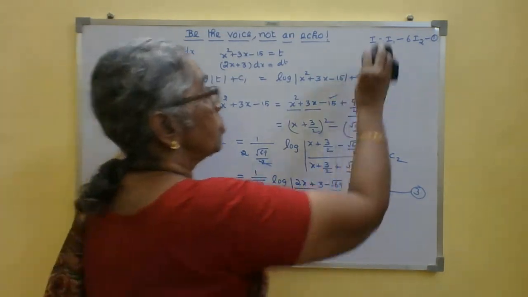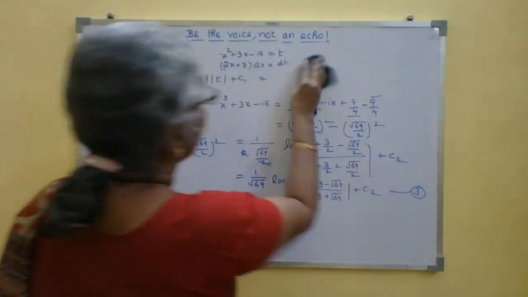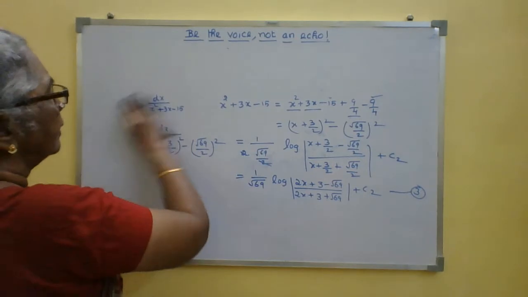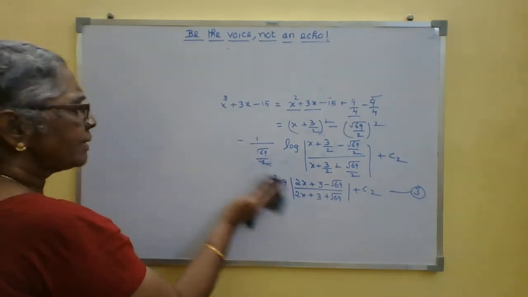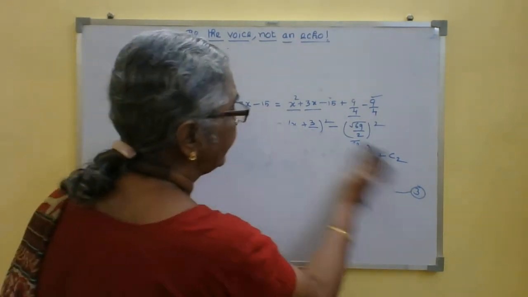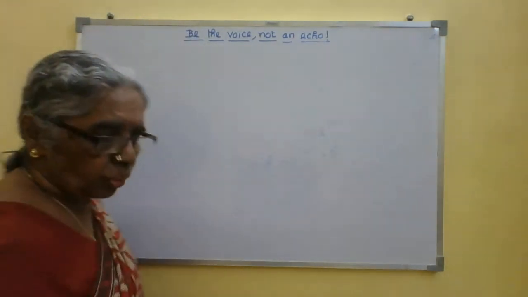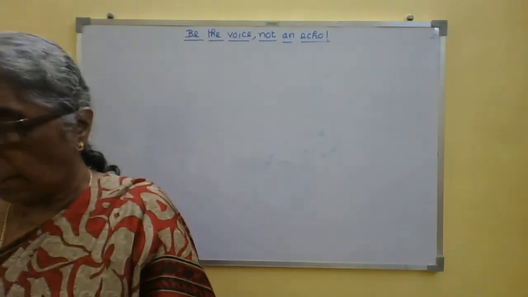Remember that. So now let me give you one more example where the denominator is a root quadratic. Let us see what is the difference between this and that, and I will give you the hints for that. So now let me take the sum.